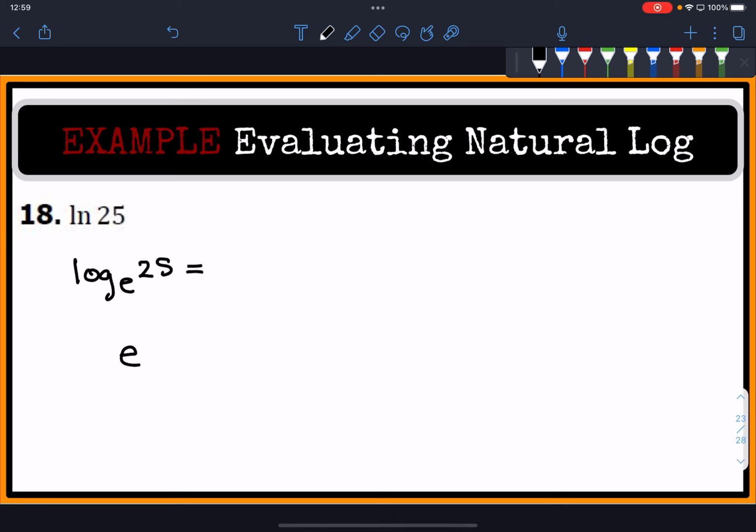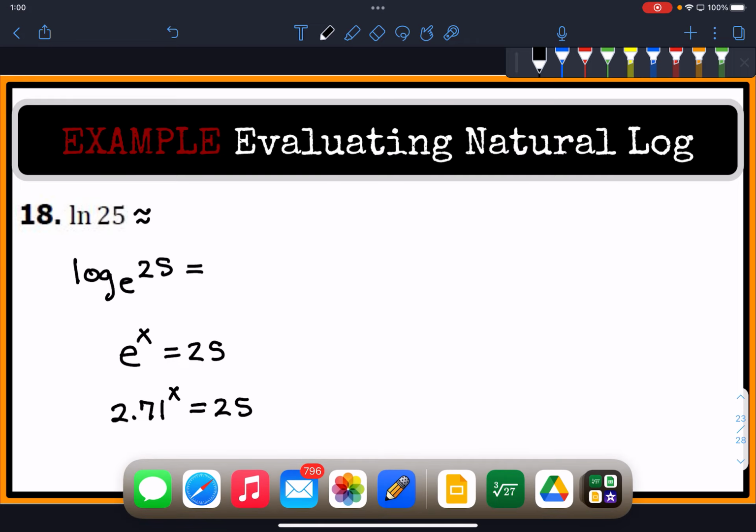That means I have to raise e to some power in order to get 25, and that's going to be difficult because e is the irrational number 2.71. To get this to 25, again, you won't be able to guess using whole numbers. It's going to be some type of decimal value. So we'll approximate that decimal value by using our calculator.